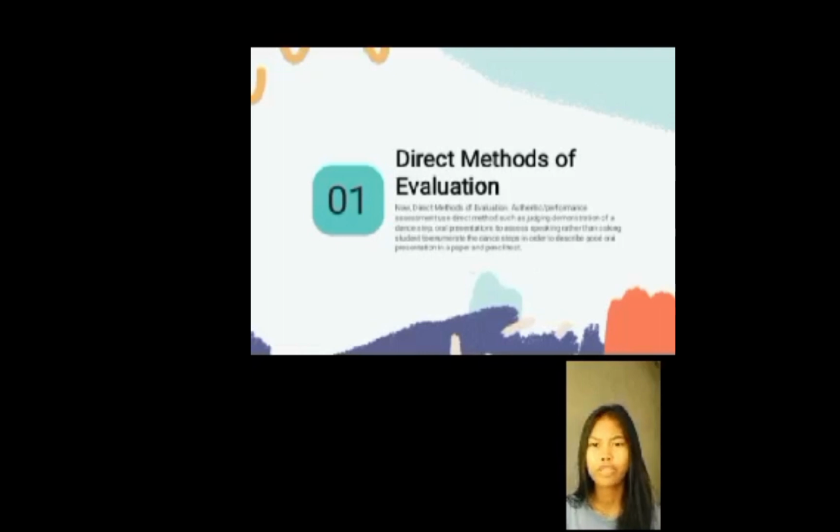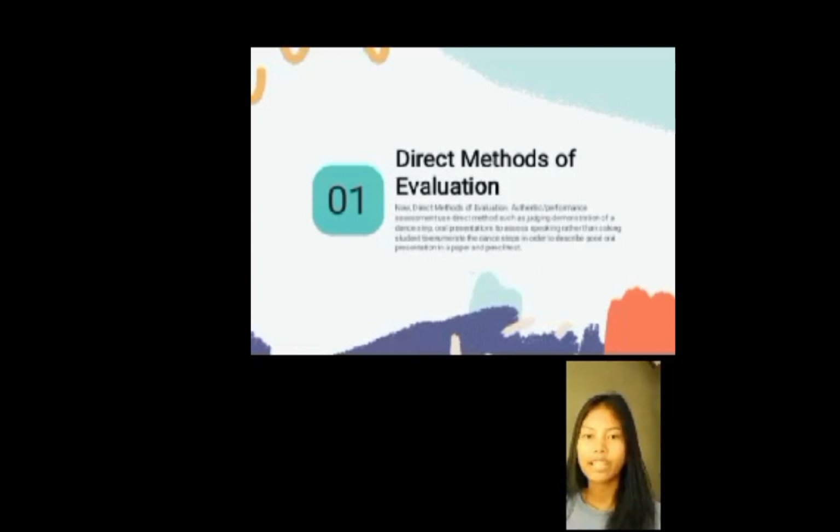Direct assessment refers to any method of collecting data that requires a student to demonstrate a knowledge, skill, or behavior. Direct assessment involves measures of students' learning that ask students to directly demonstrate or perform the desired knowledge or skills. Examples include papers, quizzes and exams, music, dance performances, or execution of safety procedures.